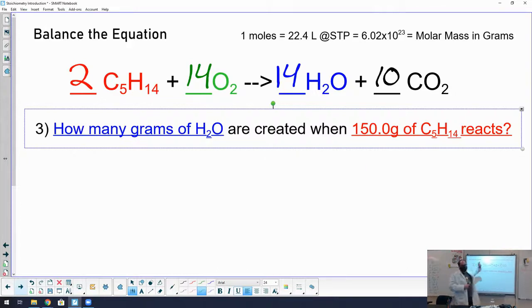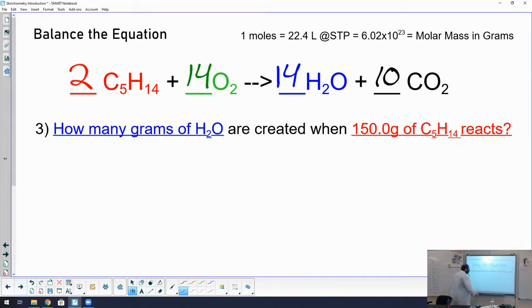Same formula, same conversions, but notice that here we are asked to find how many grams of H2O are created when 150 grams of my C5H14 reacts. Ooh, so what is our setup going to be here?